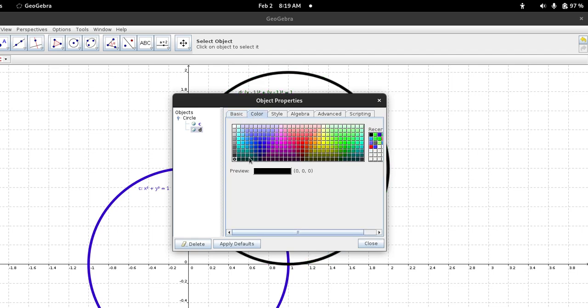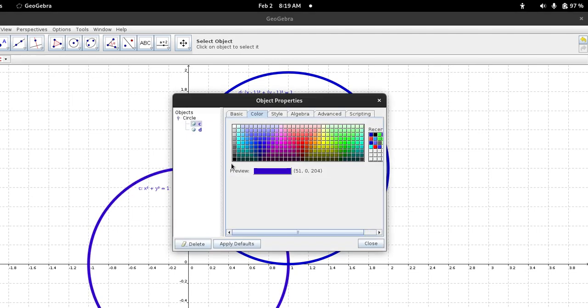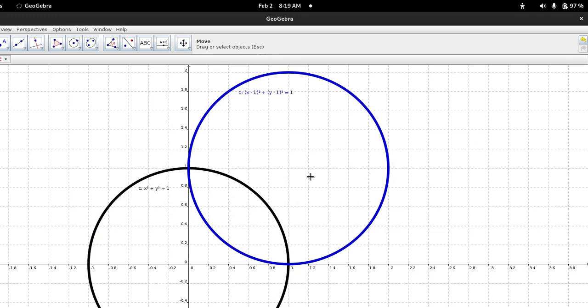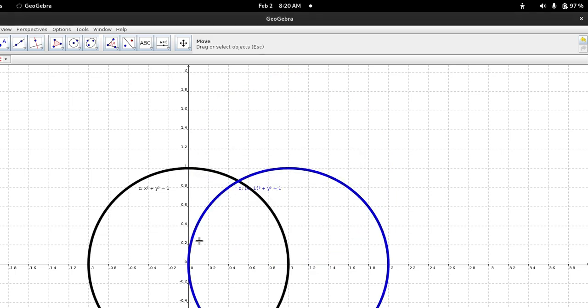Let me make the original function black, the original circle. Suppose I change this to x minus 1 squared plus y alone squared. Only x moves. It moves to the right.